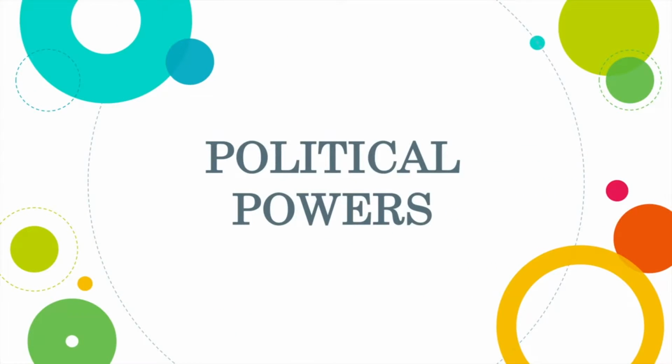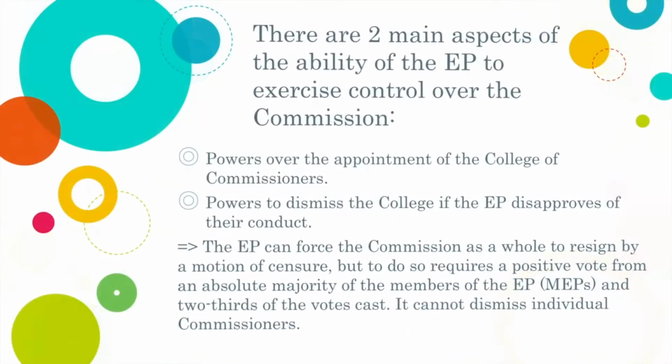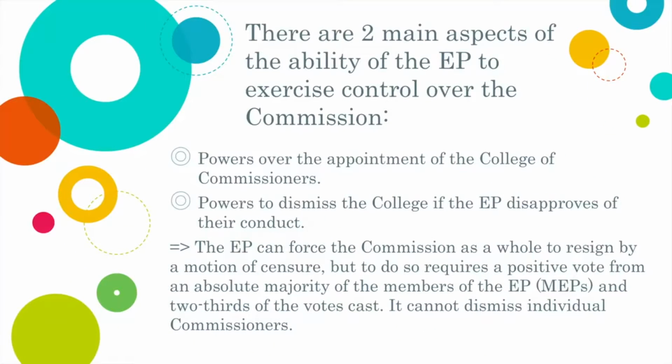There are two main aspects of the ability of the European Parliament to exercise control over the Commission: powers over the appointment of the College of Commissioners, and powers to dismiss the College if the European Parliament disapproves of their conduct.